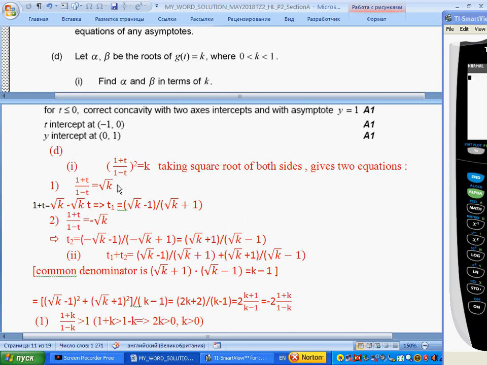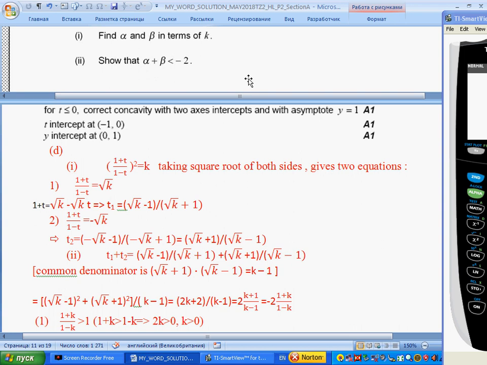When you square root, you have two branches, plus square root of k and minus square root of k. After rearranging, you get the solutions, t1 like this, a fraction like this, and t2, a fraction like this.